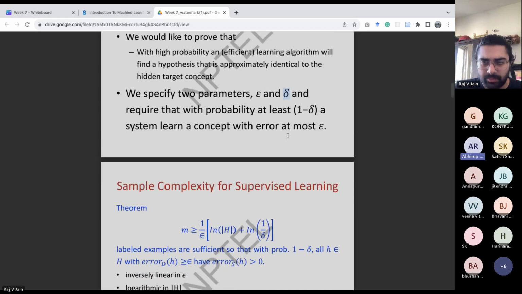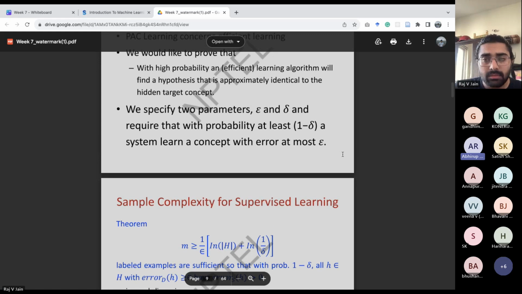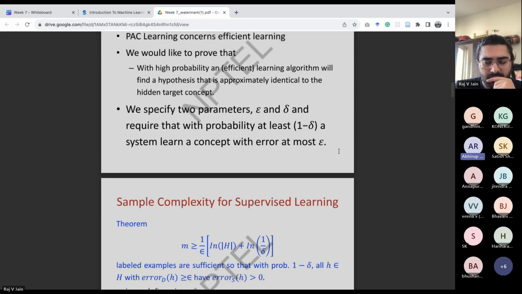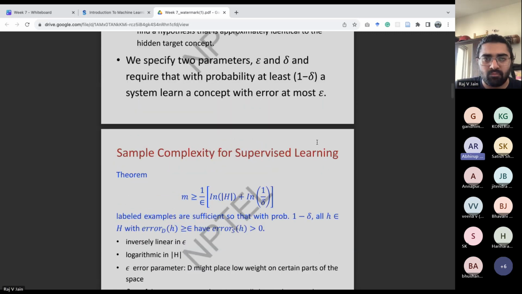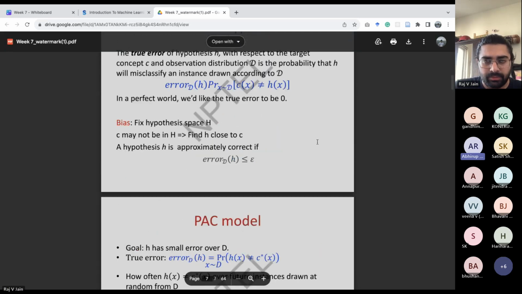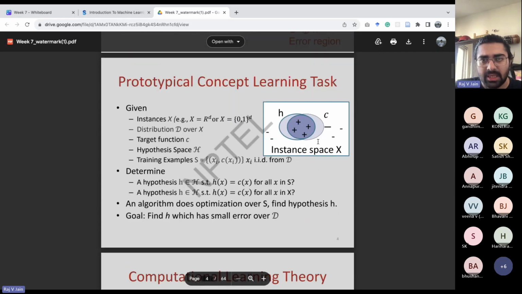Does epsilon mean that, say, if you are aiming for an accuracy of 90%, then eta is 0.9 or 1.1, I don't know, whatever it may be? Is my understanding correct? Okay, we'll come to that.